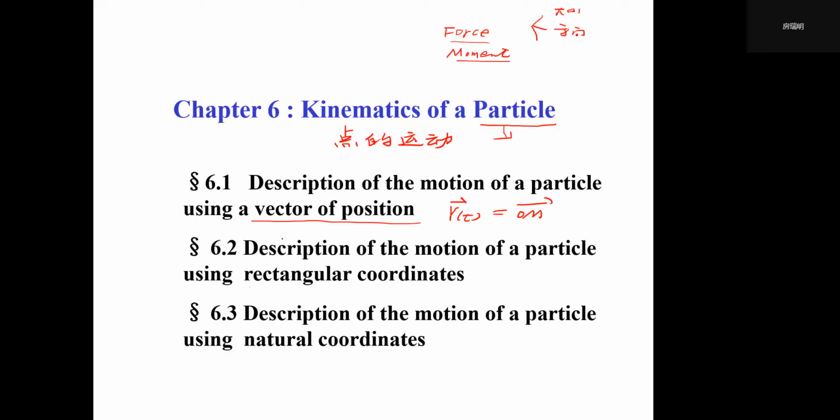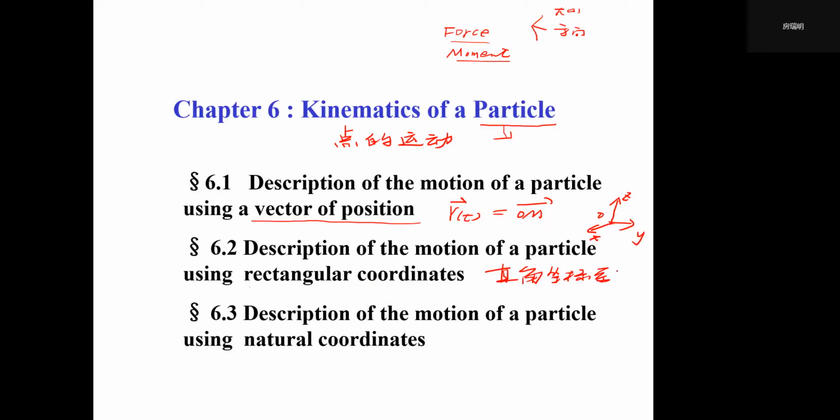So we have the second description, which means the description of the motion of a particle using rectangular coordinates. We call that 直角坐标系. So we have X, Y, and Z. At first, you will find, wow, it's very complicated.